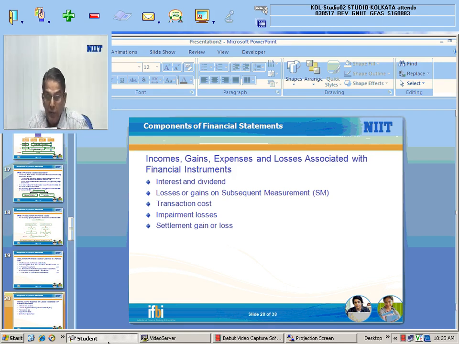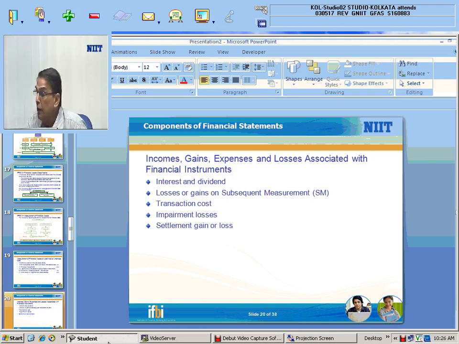So the slide basically talks about various income, gains and losses that can occur through a financial instrument. Example, dividend on equity investment of another company, that's an income. Gains or loss on settlement of trading financial instrument measured at FVTPL. So the entity is trading in financial instruments, so the gains or losses on settlement of trading financial instruments which are measured at FVTPL.